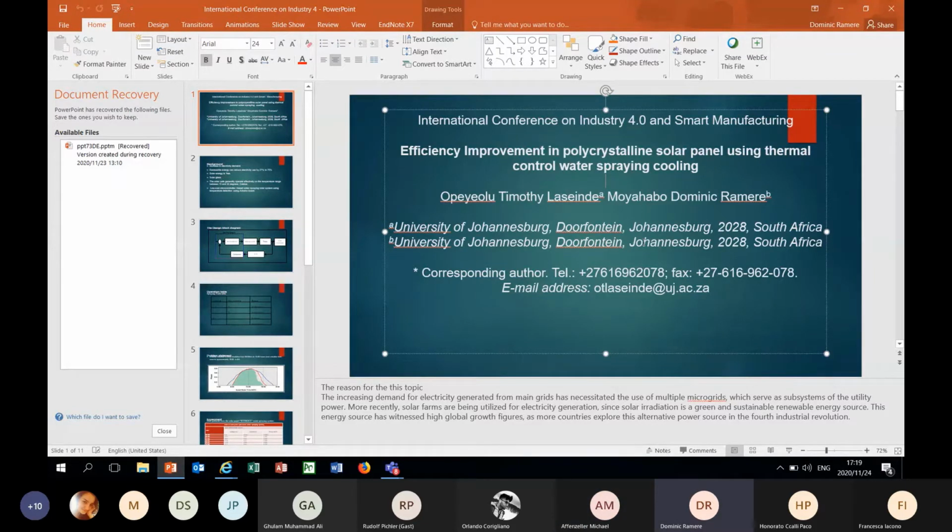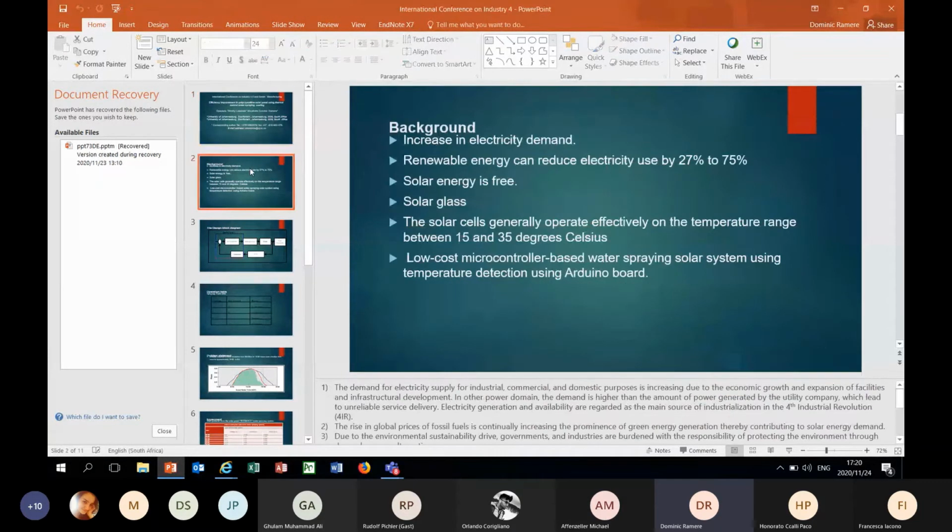Now we'll go to the background. Increase in the electricity demand is the reason for what we're looking at. That's why we have noticed that there's high harnessment of solar systems in many industries, especially for the 4th industrial revolution, as electricity generation and availability is regarded as the main source of industrialization in the 4th industrial revolution.